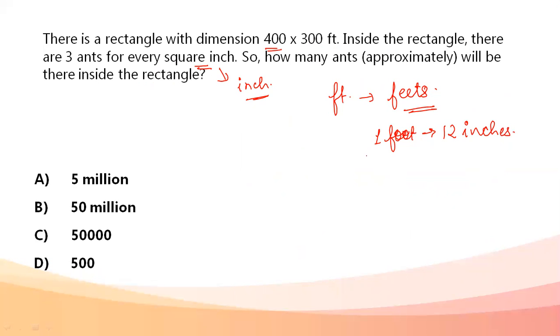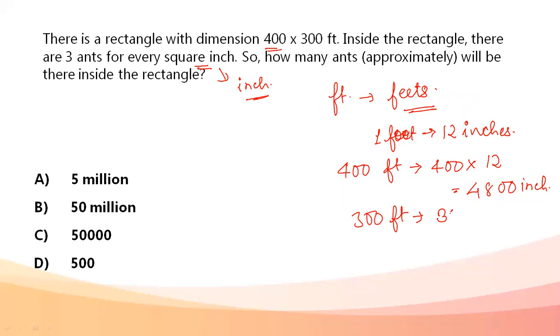Next, let's convert these dimensions into inches. 400 feet is 400 into 12, that is 4800 inches. Next, 300 feet, 300 into 12, becomes 3600 inches. Next, the area of the rectangle. I know it is length into breadth, and I'm writing it in powers of 10 so that I can compare with the options, which are given in terms of millions.